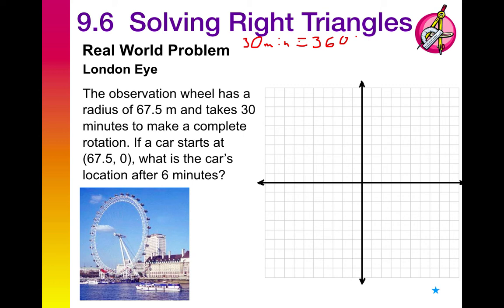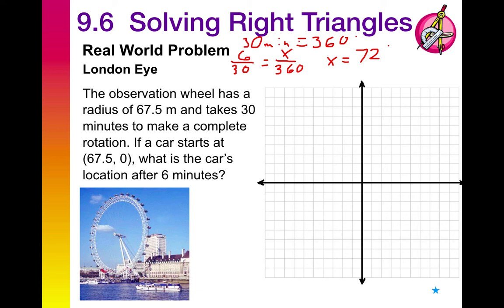If it goes 6 minutes, so that's 6 divided by 30 minutes, it's the same thing as x degrees over 360 degrees. And if you work out x, it turns out to be exactly 72 degrees.